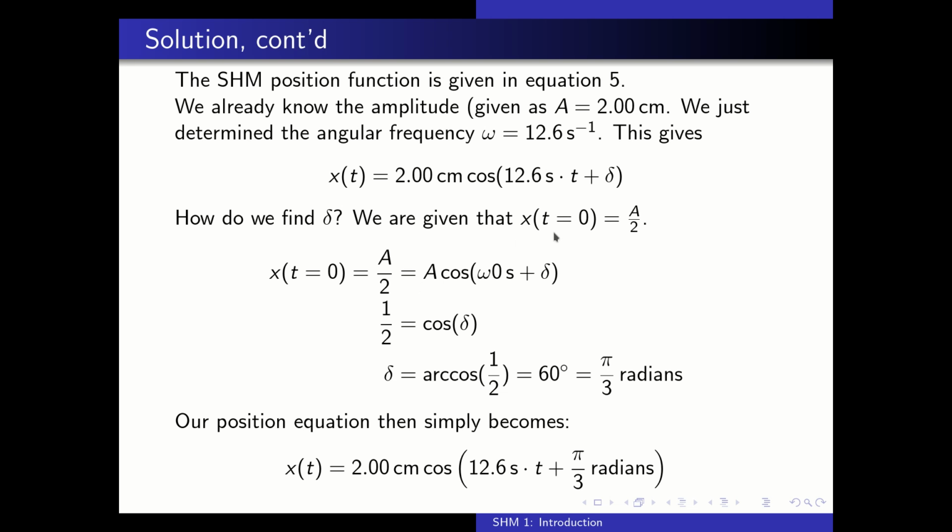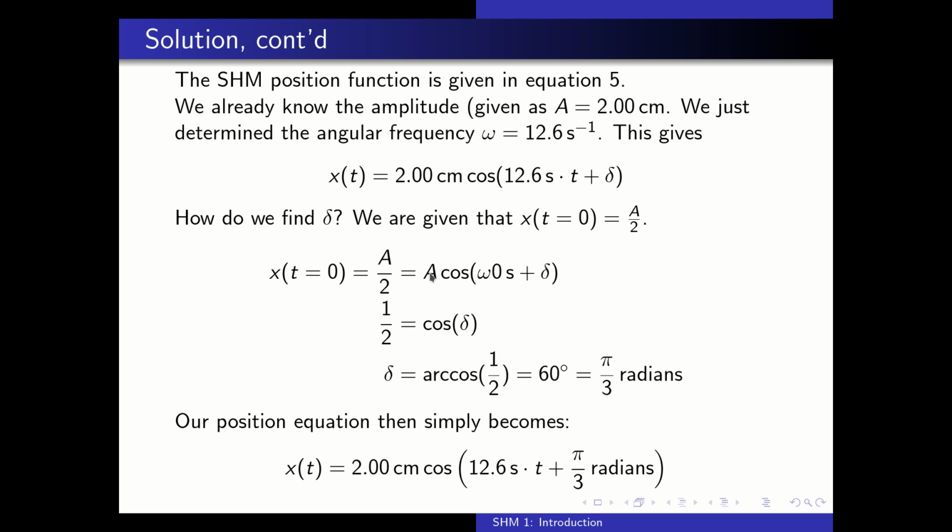We're told that at time t equals 0, the position is half of the amplitude. So let's write it out for time t equals 0. X at t equals 0, we're told, is A over 2.